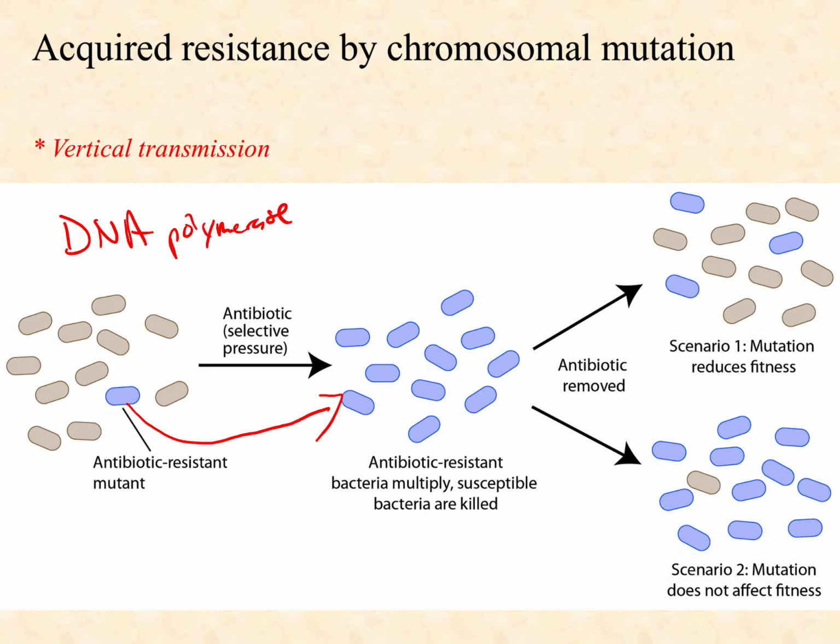Now we call this vertical transmission. Vertical transmission of any genetic information is from parent to offspring. So if this is a parent bacterium and this is the F1 generation, the offspring receive the DNA from the parents. This is how you and I got all of our DNA, right? From our parents to us, vertical transmission.